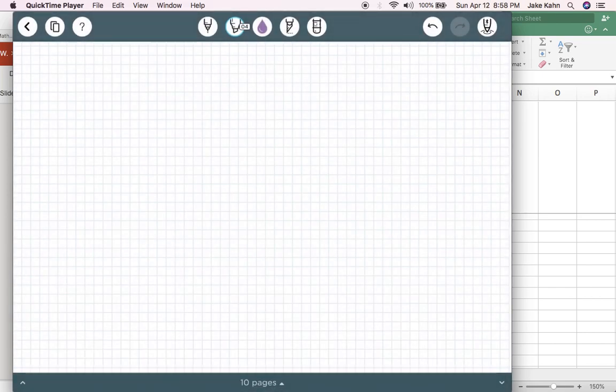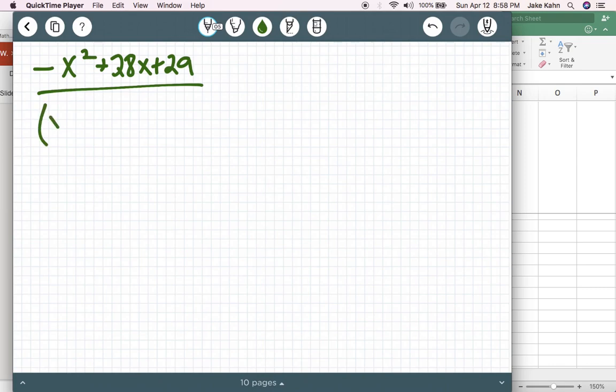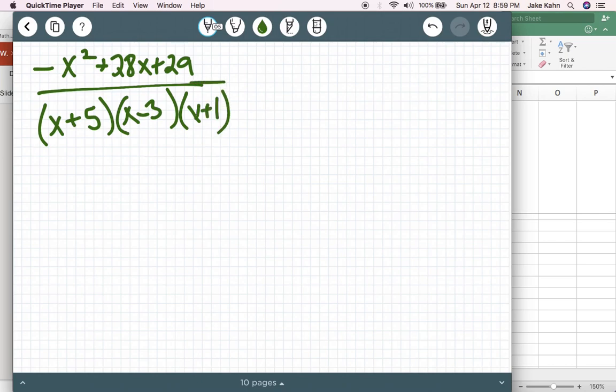So again, right now we're at negative x squared plus 28x plus 29 over x plus 5 times x minus 3 times x plus 1. This factors out into, I'm going to do this off to the side here, okay?